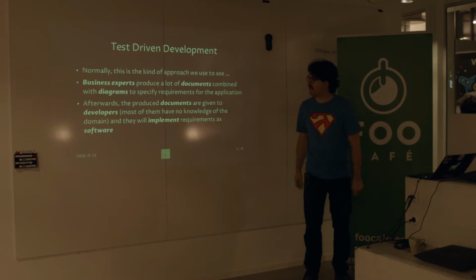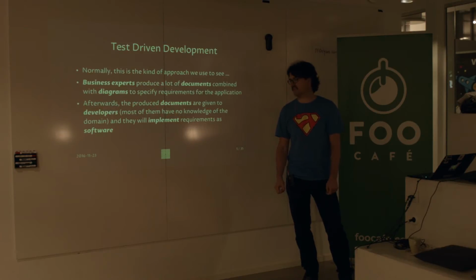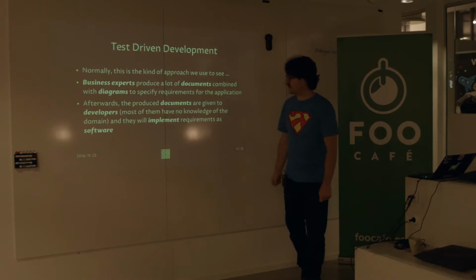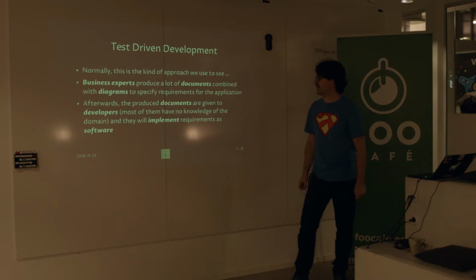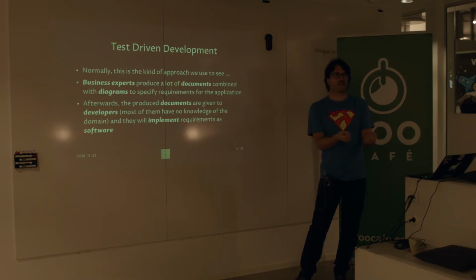I think it's Microsoft requirements that have this sentence, that a picture tells more than 1,024 words. So what happens once the business experts have written all this in plain text?